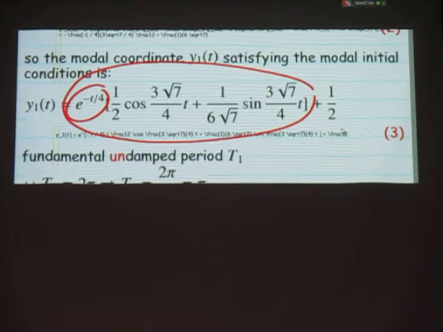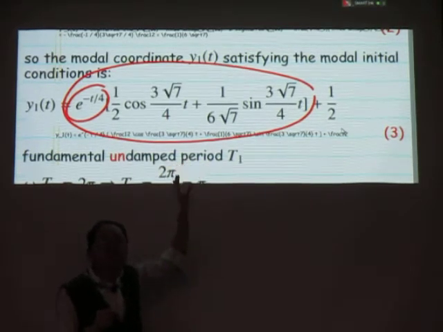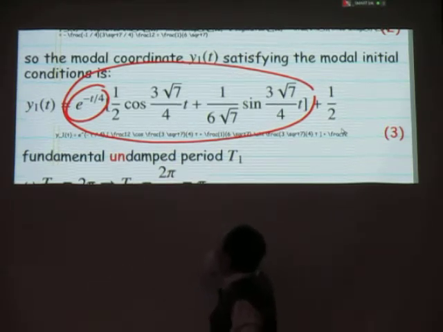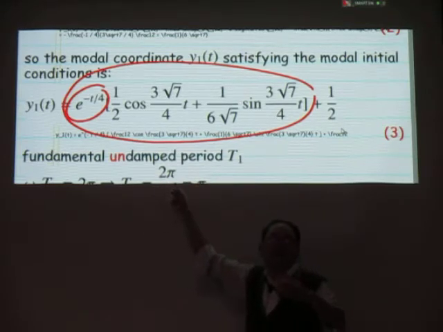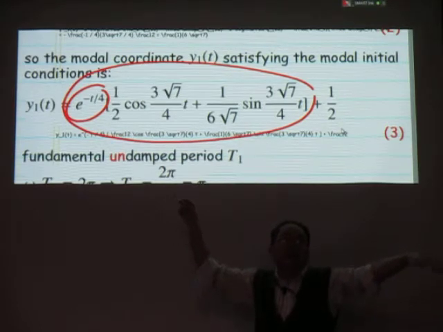That's why in vibration, keep this in mind. In vibration, the name for the homogeneous solution is the transient solution, meaning that it's only transient, and in the long term it just disappears.